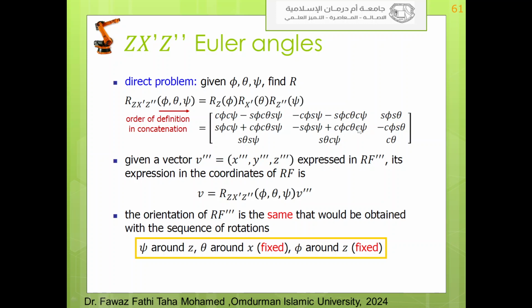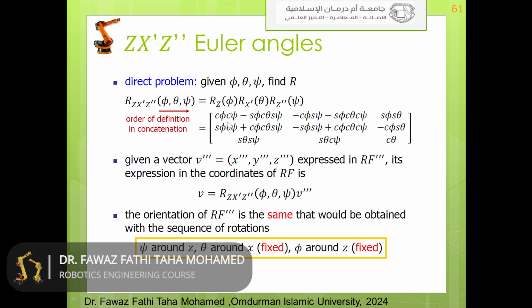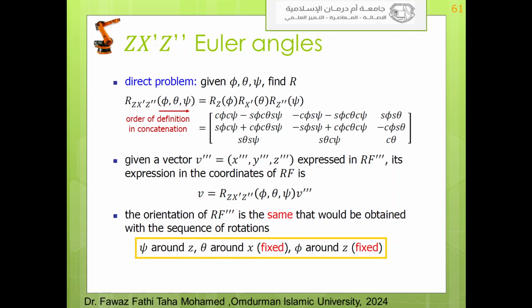If we make the multiplication, we obtain this formula, and as we said before, c means cosine and s means sine, to simplify the symbols here.